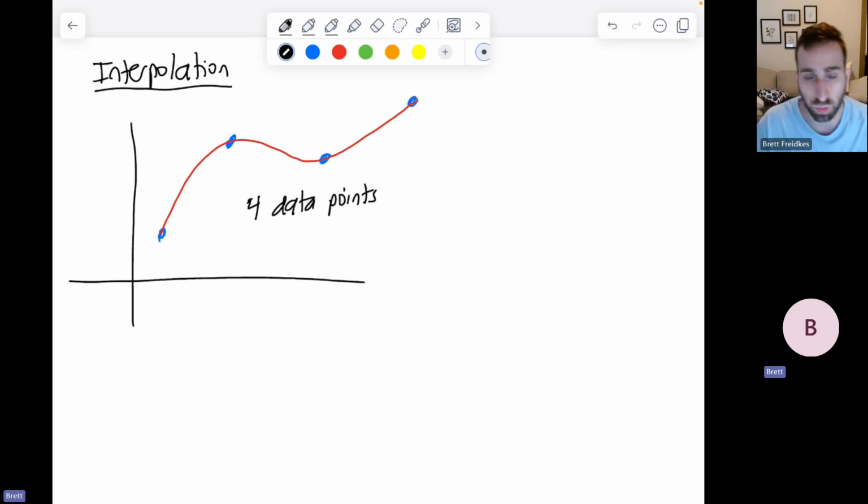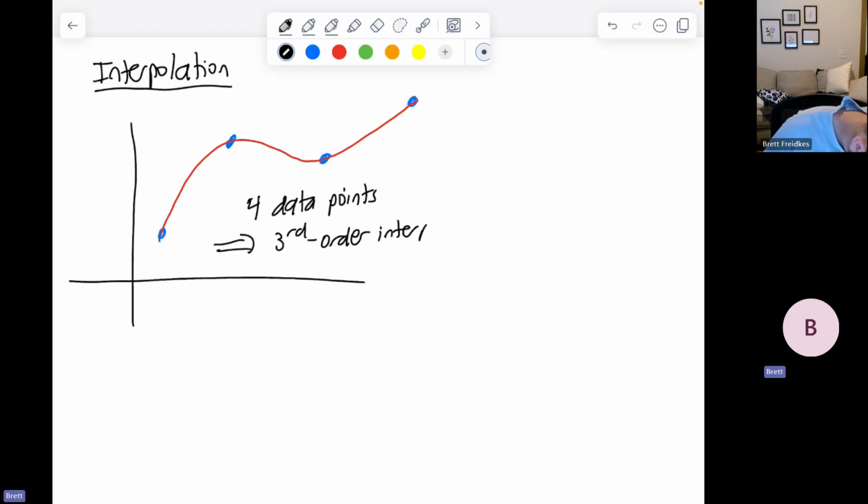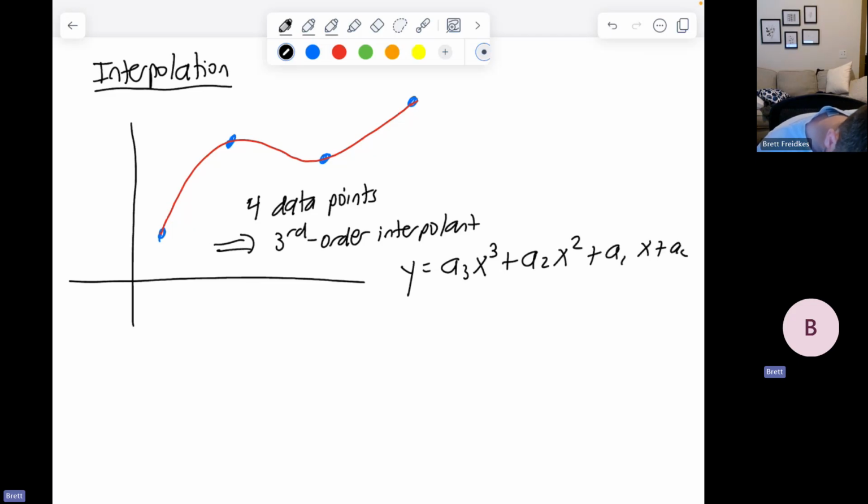If we have 4 data points, that would mean that we have a third order interpolant. And again, the reason is that a third order interpolant has the highest exponent of 3. So that would be something like a3x cubed plus a2x squared plus a1x plus a0.